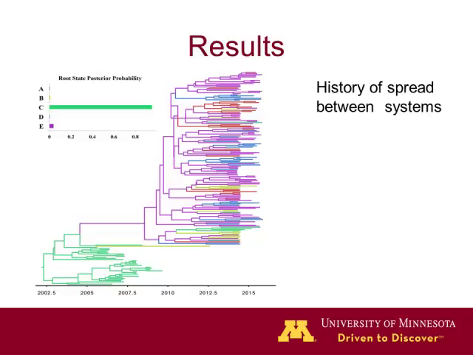But just for a moment, let's focus on these 5 systems, and let's assume that this is representative of the population. What this type of model may help us to see, and what we're showing here, is that the colors represent each of the systems. So what we see here is that during some time, 2002 to 2007, this family of viruses was sitting in this system, and they may have been hitting this system for quite a bit.